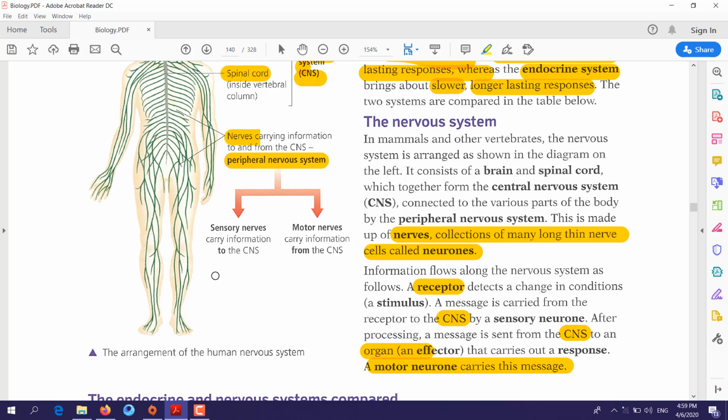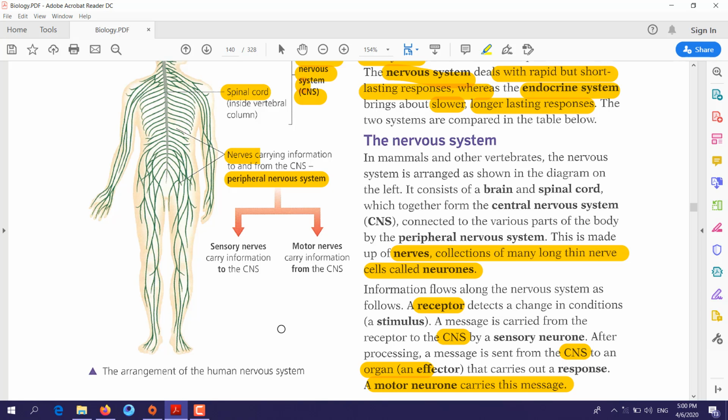Then another message from the CNS to the organ will be carried by a motor neuron. And as shown in this diagram, sensory nerves carry information to the CNS, while motor nerves carry information from the CNS.